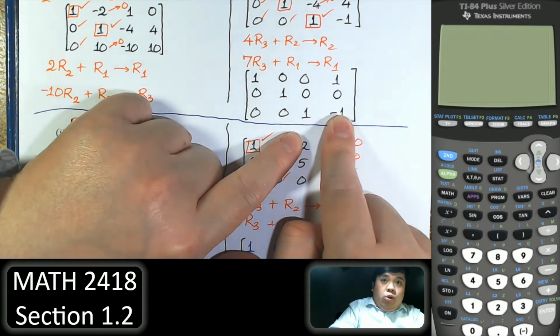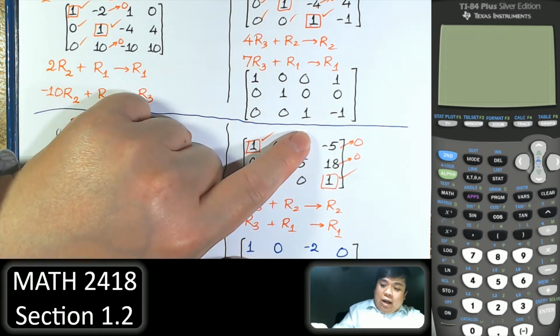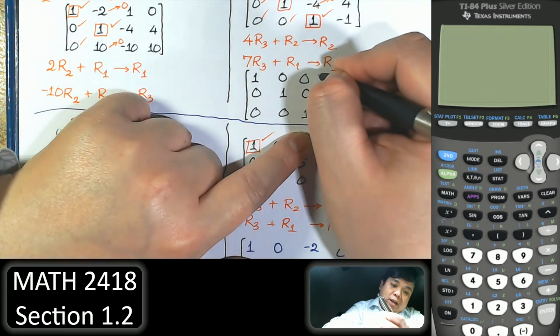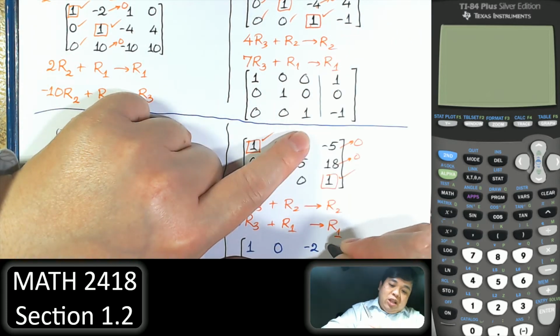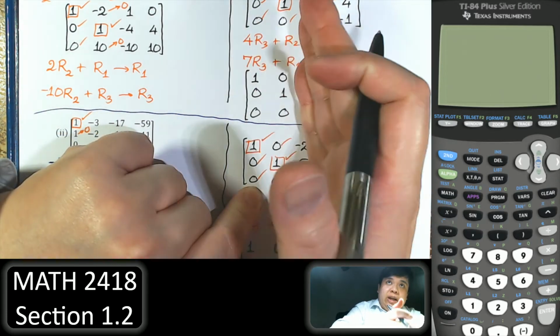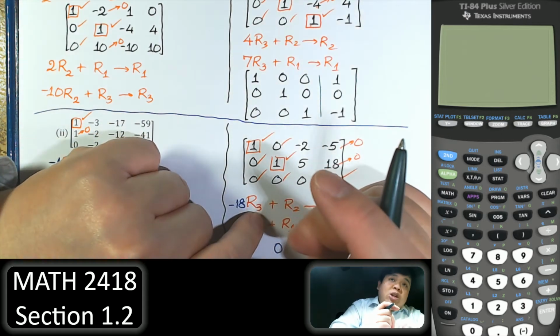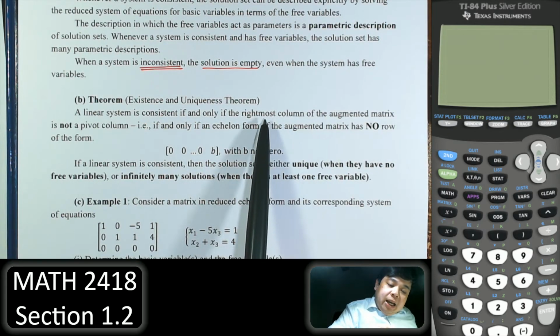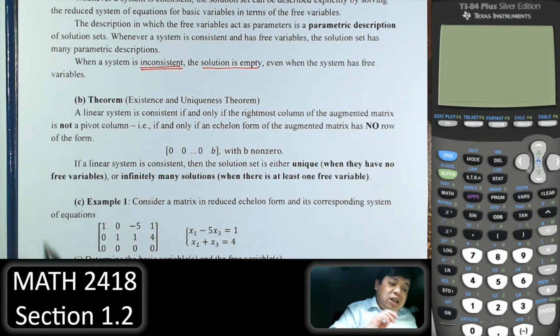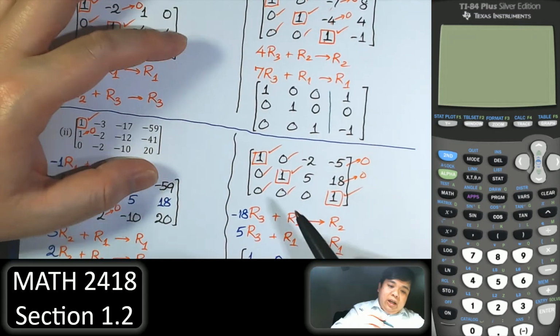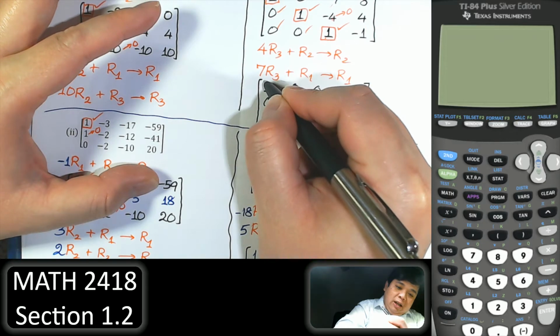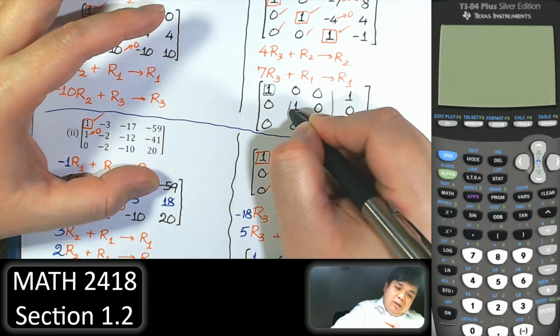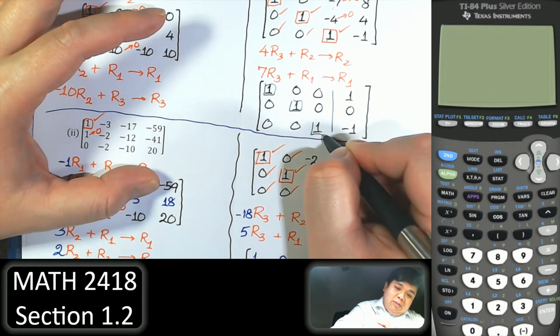In the reduced row echelon form, let's assume that this is the augmented matrix, so we can just draw a line to separate the coefficients and the constants. Now on this one, what it says is the rightmost column of the augmented matrix is not a pivot column. So here we have a pivot, pivot column, pivot column.